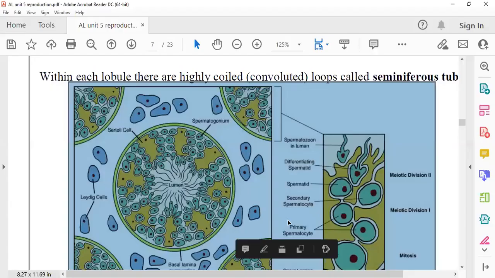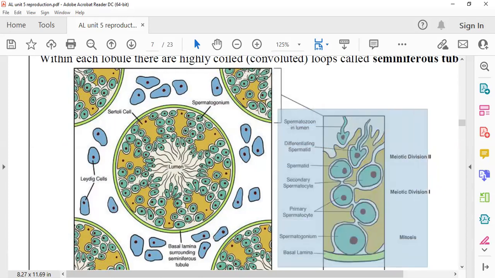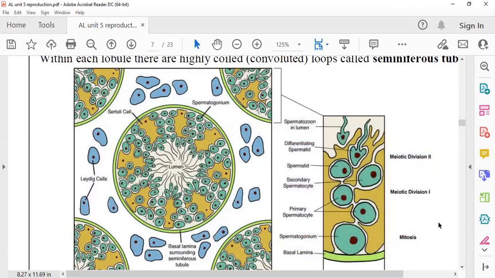sperm production. If you look at this diagram now, with that idea, you will notice in this region various cells are given to you. Read the names of them. Spermatogonium.